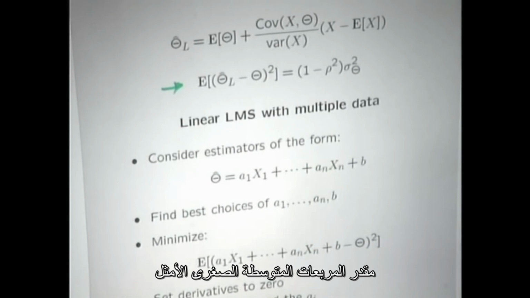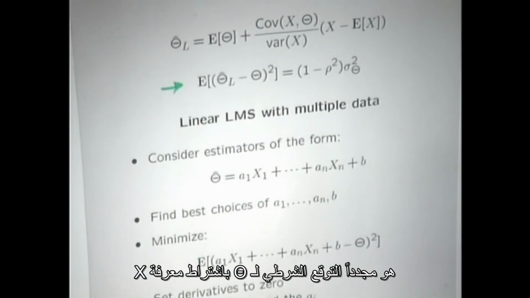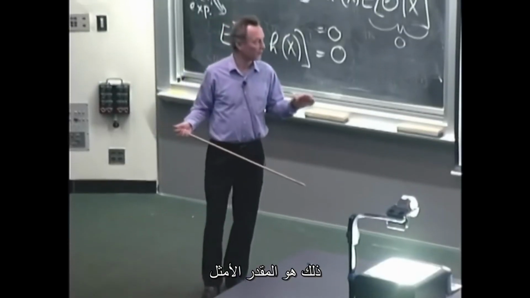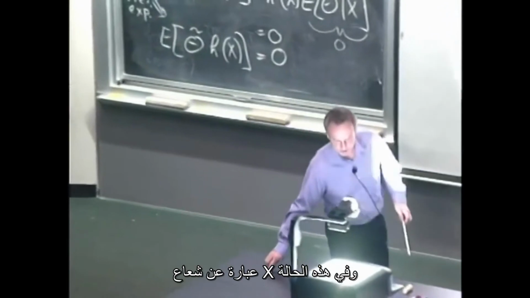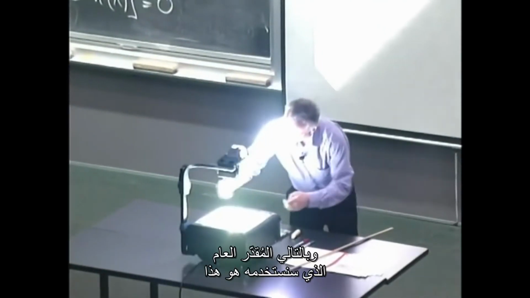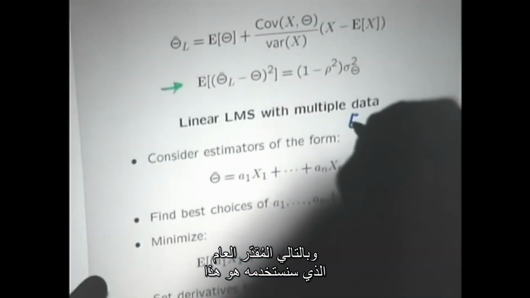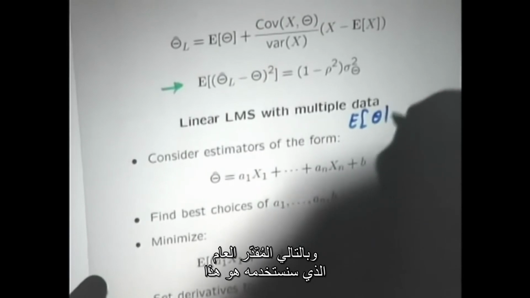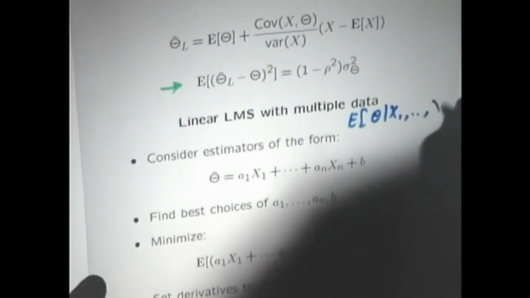The optimal least mean squares estimator would be, again, the conditional expectation of theta given x. That's the optimal one. And in this case, x is a vector. So the general estimator we would use would be this one.